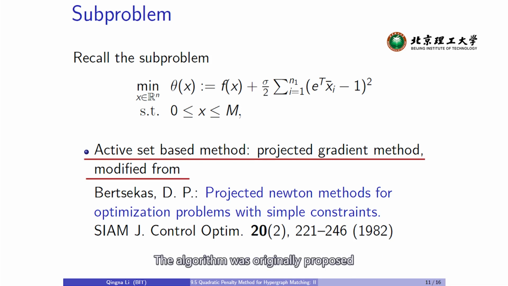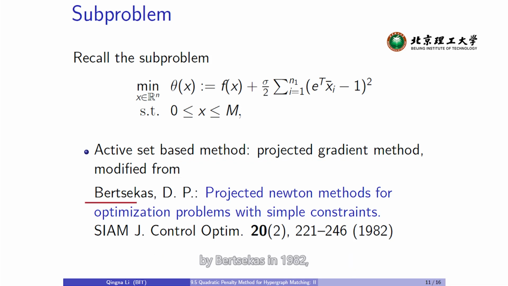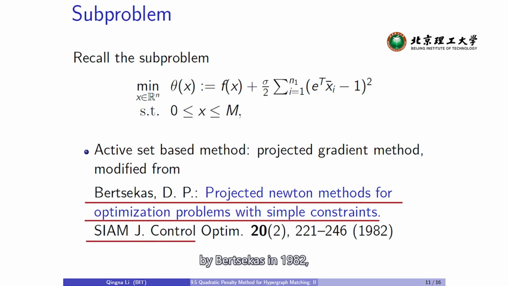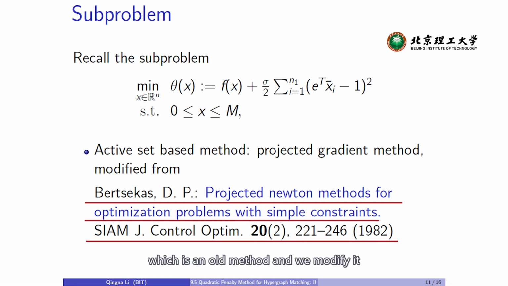The algorithm was originally proposed by Bertsekas in 1982, which is an old method, and we modify it into the projected gradient method. This method is actually specialized to identify the support set as well. So that's why we choose this method to solve the subproblem.